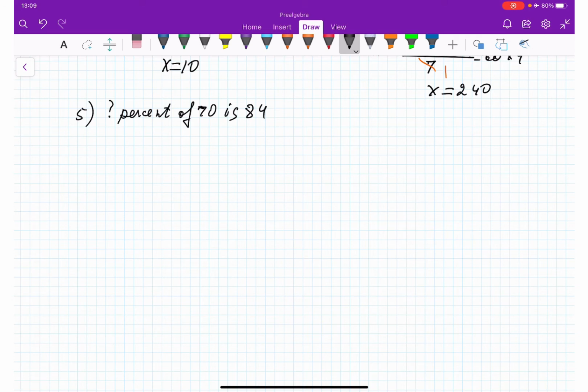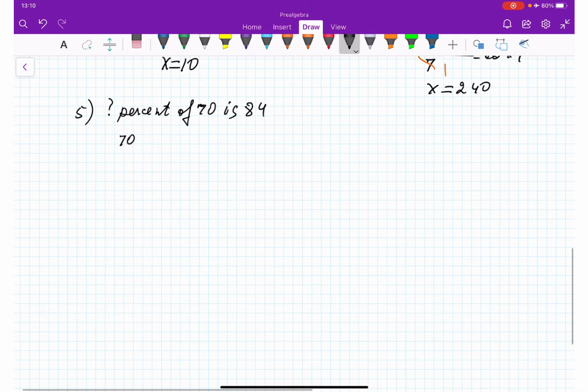Okay, so what percent of 70 is 84, which means 70, see, in front of number is "of." Every time a number follows "of," it's 100%. So 70 is, and if even by meaning, if you understand what percent of 70, what portion of 70, right?